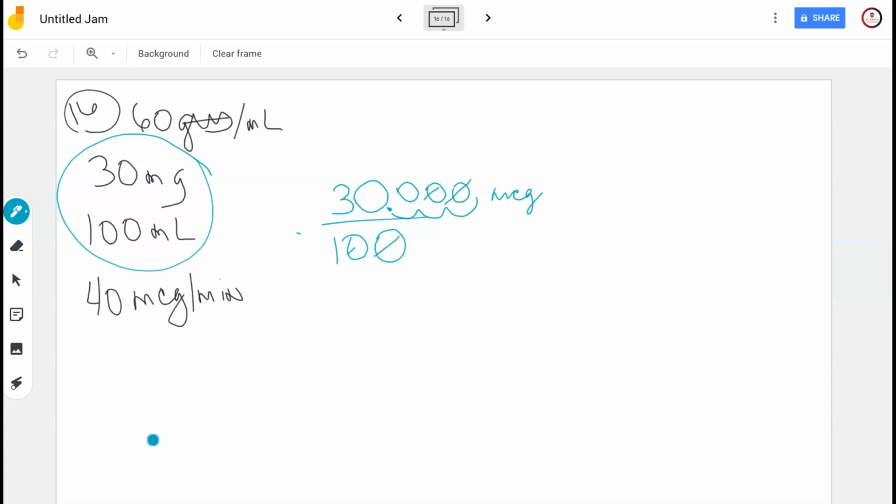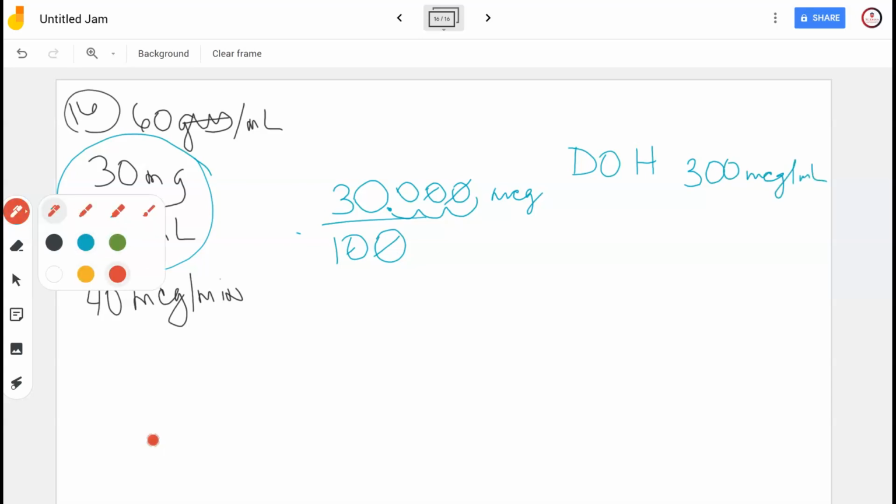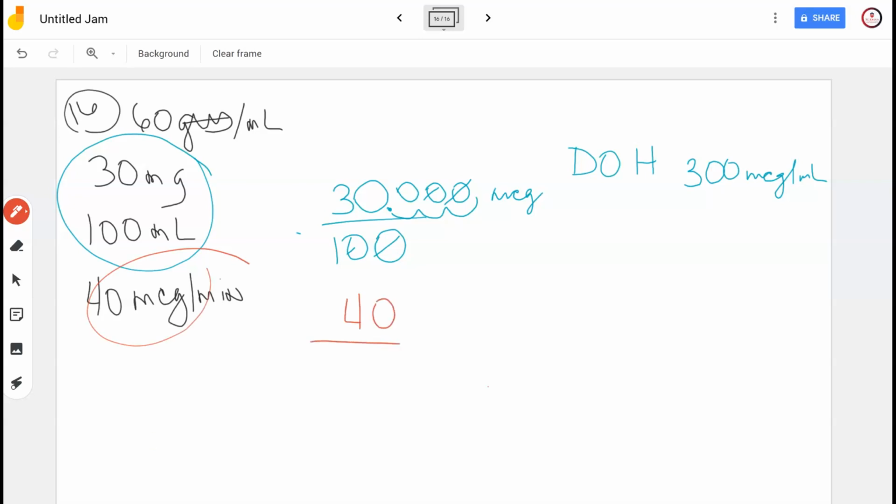So your dose on hand is 300 micrograms per milliliter. Now, if you plug that into your formula, your desired dose is 40 mics. Your dose on hand is 300, and you are using a 60 drop set.